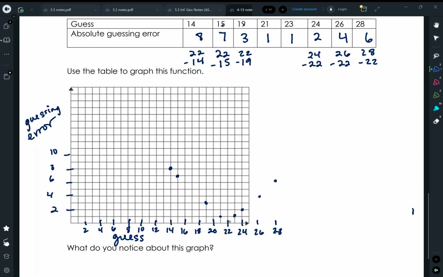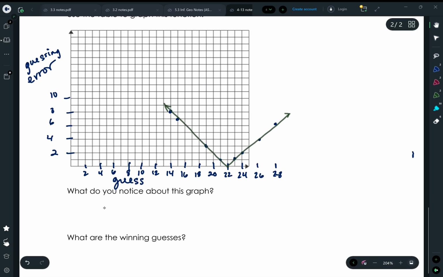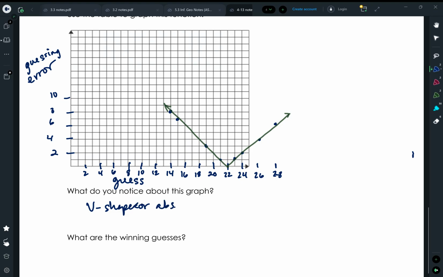So we can see our points would lie along this graph right here, which should look really familiar. What do you notice about this graph? Well, I notice it is a V shape or an absolute value shape.